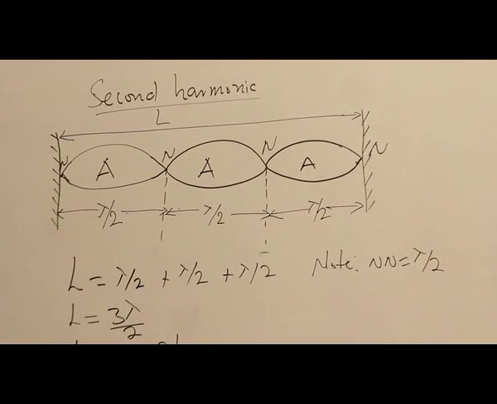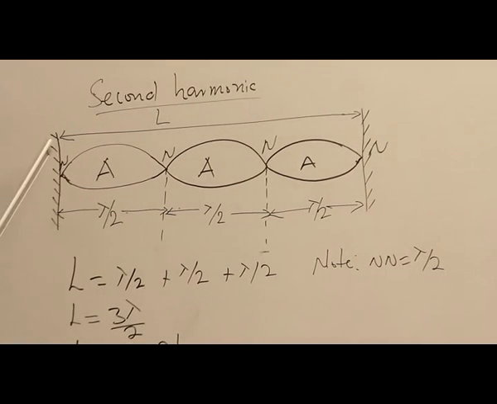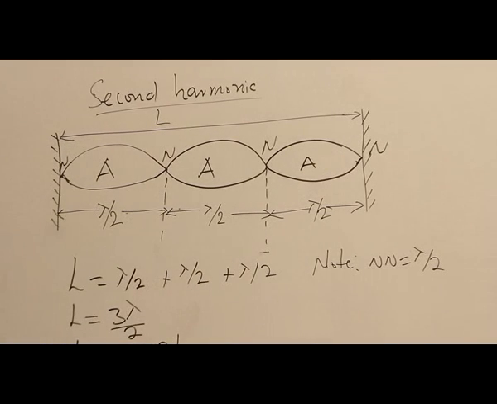Second harmonic. This is the diagram for the second harmonic. The distance from here to this point is the length of the vibrating string. We have 4 nodes in this diagram: 1, 2, 3, 4. We have 3 antinodes here: 1, 2, 3.